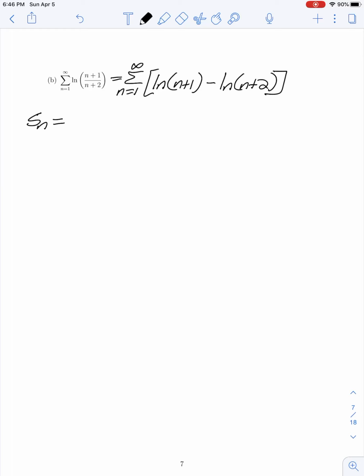So if we were to write out the first few terms in our nth partial sum, we start to see that this is a telescoping series.